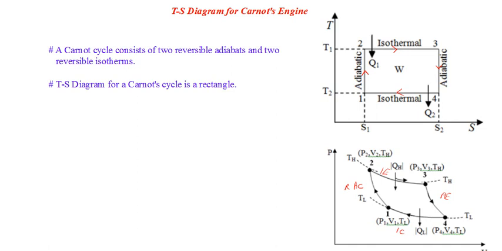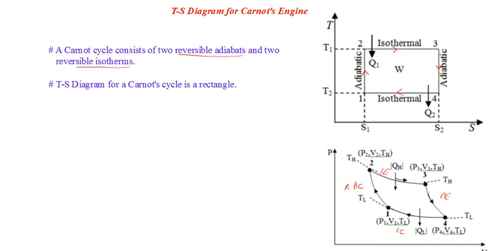So you can see it's quite remarkable that the TS diagram corresponding to a Carnot cycle will be rectangular in shape. The TS diagram for a Carnot cycle consists of two reversible adiabats and two reversible isotherms.